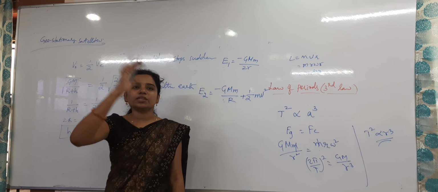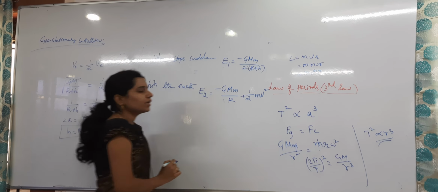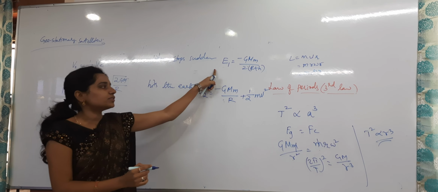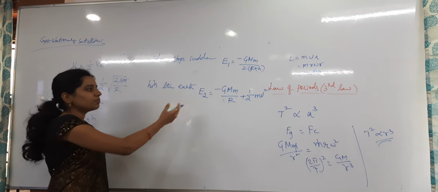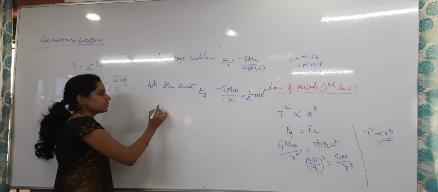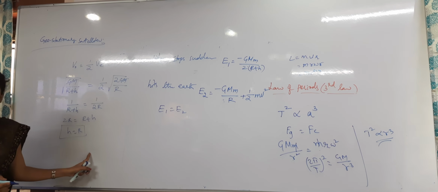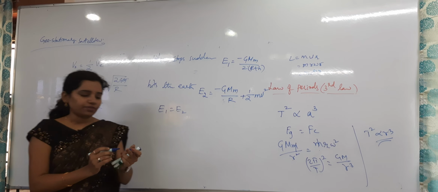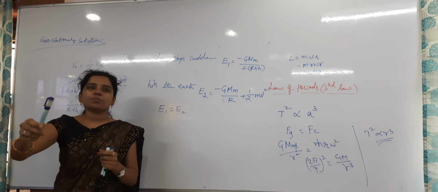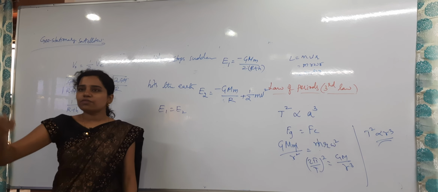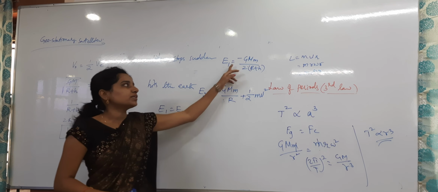Whenever it is stopping in the orbit, at that time what distance do we take? R plus h. Then from the conservation of energy, this total energy is converted into kinetic energy and potential energy. So equate both and get the answer: energy initial E1 is equal to E2. You understand this, right? Whenever it is revolving in the orbit and it stops suddenly, it is attracted by the earth only. Whenever it stops suddenly, the energy is the total energy, minus GMm by 2R.